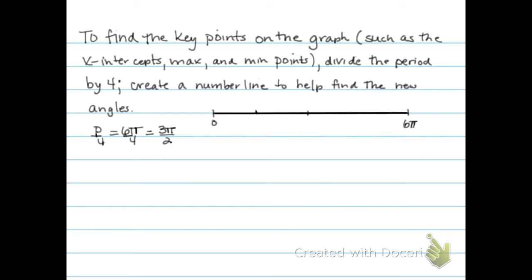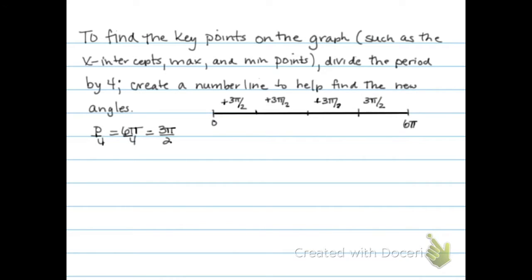So each part has a distance of 3 pi over 2. That's my increment. So it's taking the distance of this line segment, which is 6 pi, and dividing it by 4 parts. So each part should have a distance of 3 pi over 2.